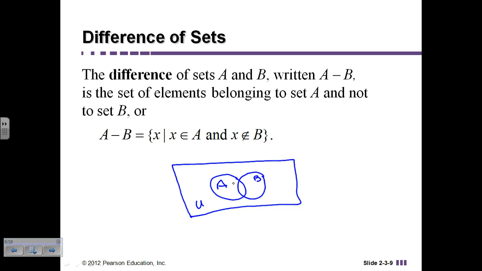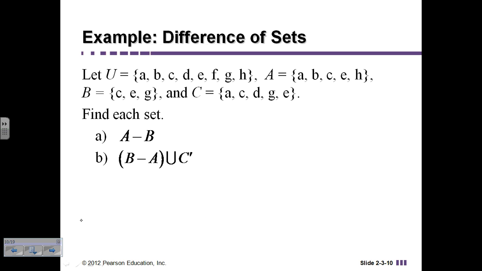So if I want everything that's in A but not in B, I want to take away the parts of B, and then I would just have this part of the circle. I would not have this part in the middle where they intersect, and I would not have any of the B values. So let's look at these.